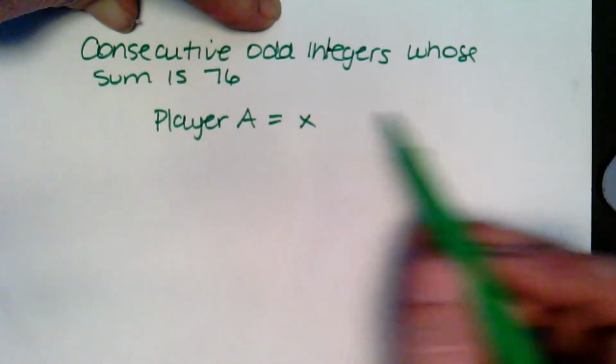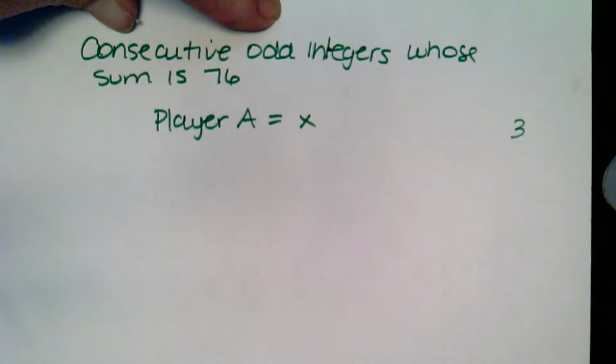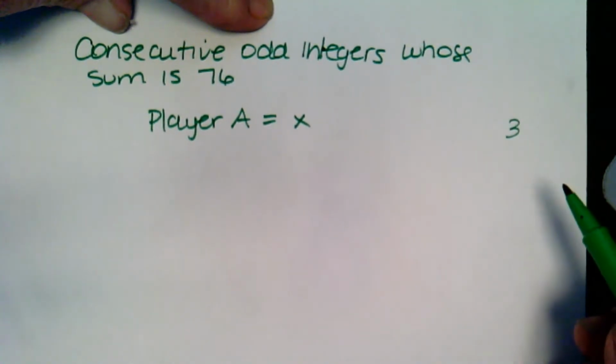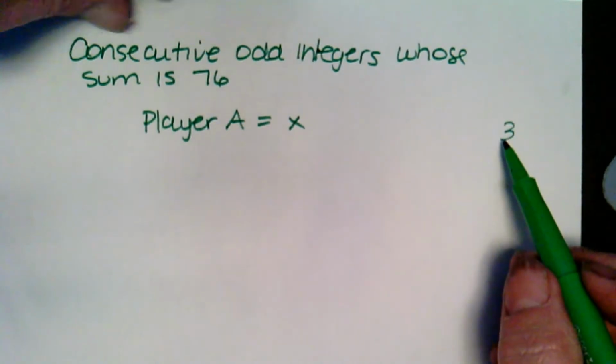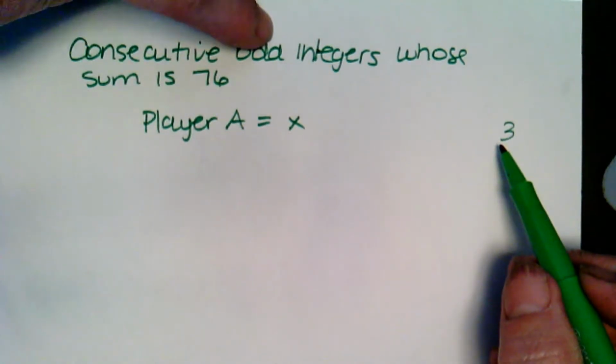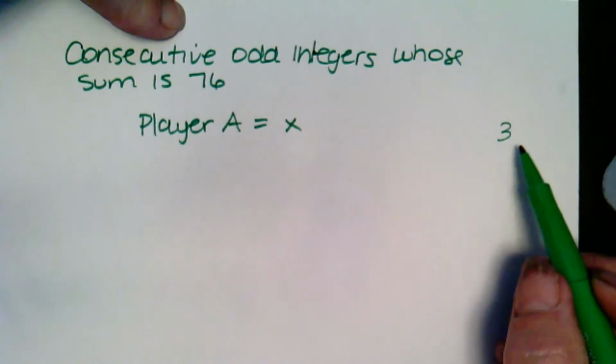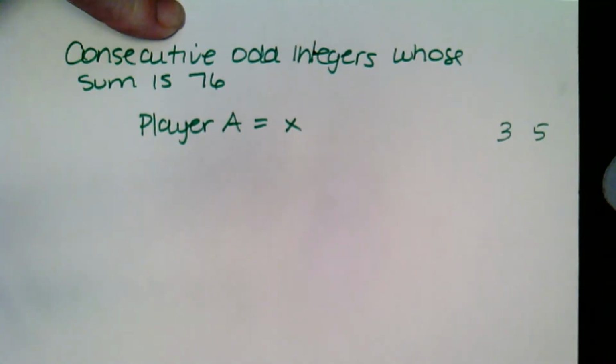So if he did 3 home runs, then player B would be the next odd number, which would be 5. But again, we don't know what this is.